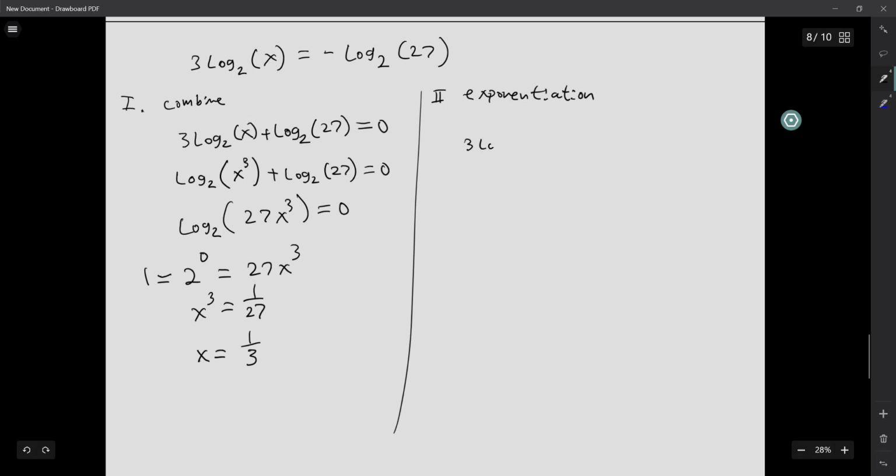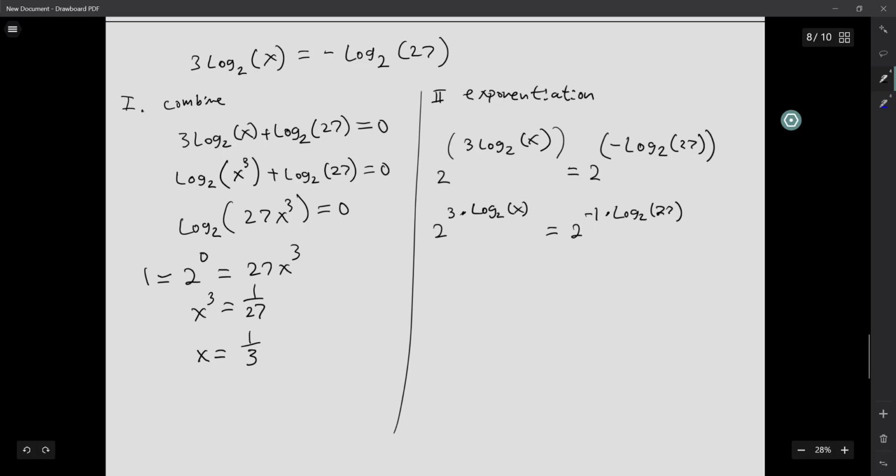So I've got 2 to the 3 log base 2 of x on one side, and the other side raised as a power of 2 to the minus log base 2 of 27. And then we have to be careful here. So we've got 2 to the 3 times log base 2 of x equals 2 to the minus 1 times log base 2 of 27.